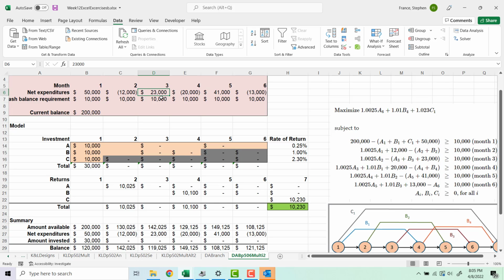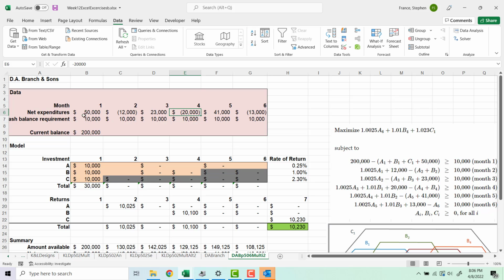We spend a net of $23,000 in period 3, and we get back $20,000 in period 4. So it's like fluctuating expenses. And at the end of each period, we're required to have $10,000 in cash.